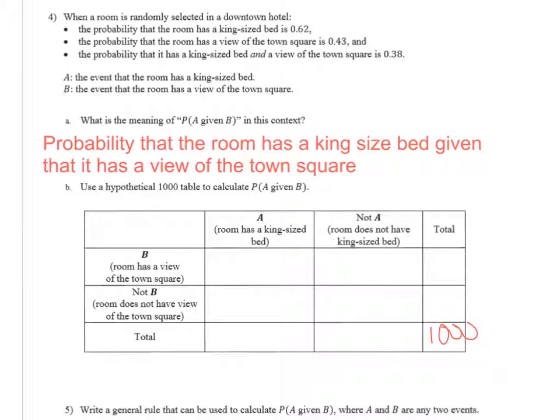They give us the king-size bed is 620. And they give us the view is 430, excuse me, and the king-size bed and a view is 380. And now using subtraction, you can fill in all the other cells.